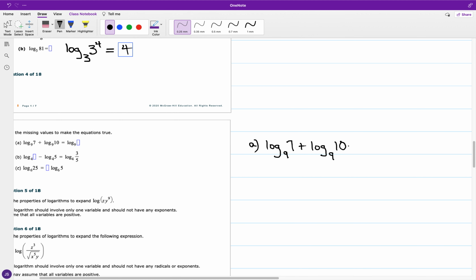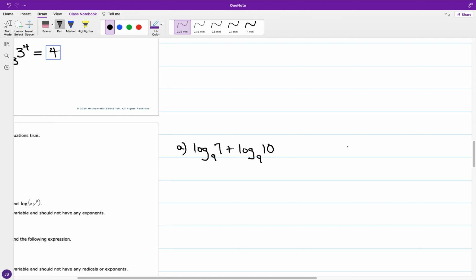Remember, you're going to have a change up between addition and multiplication, and also between subtraction and division. If we combine these 2 base 9 logarithmic terms, the terms are adding, and in terms of a single base 9 logarithmic term, addition implies multiplication of the attachments.